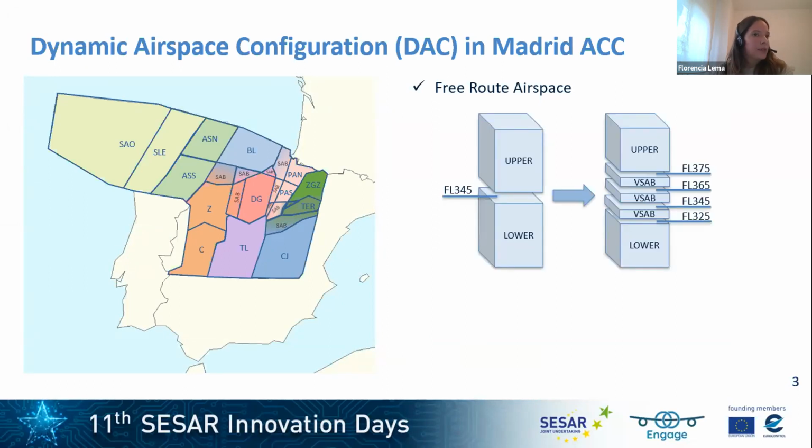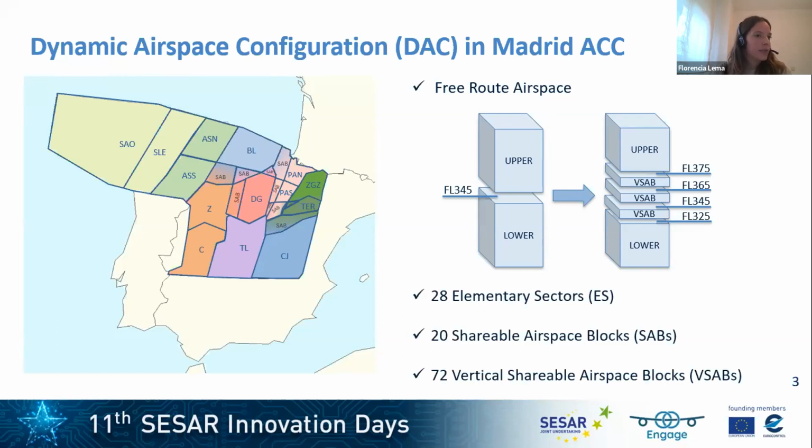For the vertical cuts, we propose 4 cuts at 4 different flight levels, generating 3 vertical shareable airspace blocks, instead of the one single cut we have nowadays at flight level 345. In global, after applying all horizontal and vertical cuts, we obtained 28 elementary sectors, 20 shareable airspace blocks, and 72 vertical shareable airspace blocks, which make a total of 120 building blocks.